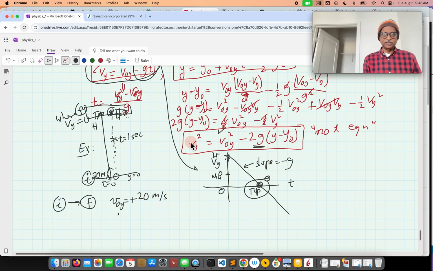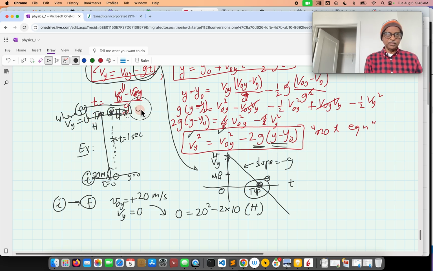We already know this, we know this, Vy is 0. We need to find that, so we just use the no t equation. So 0 equals 20 squared minus 2 times 10 times h, because y minus y0 is h.